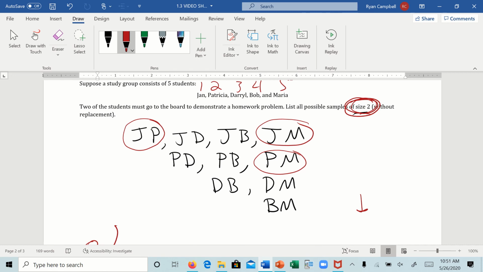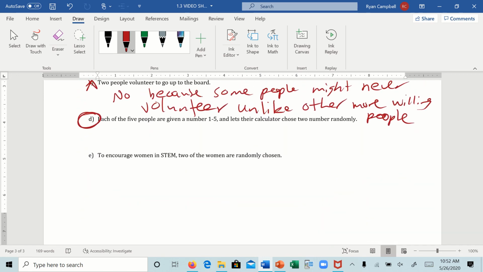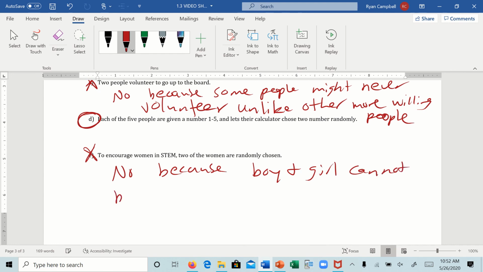So is this going to be simple random? No. There are so many combinations of people that can never get chosen, right? Two men can't get chosen. A man and a woman can't get chosen, right? So even though it says randomly, it is chosen randomly, but the way that we're chosen, we're eliminating some possibilities, right? So no, we could say because a boy and a girl cannot be chosen, right?